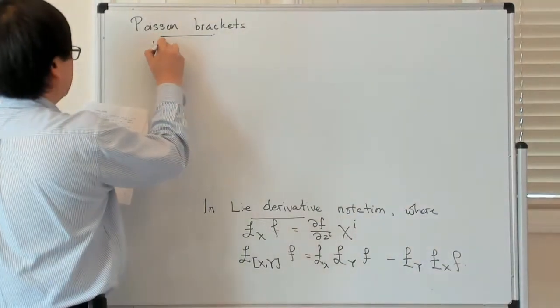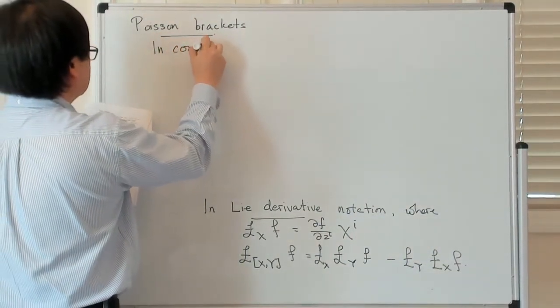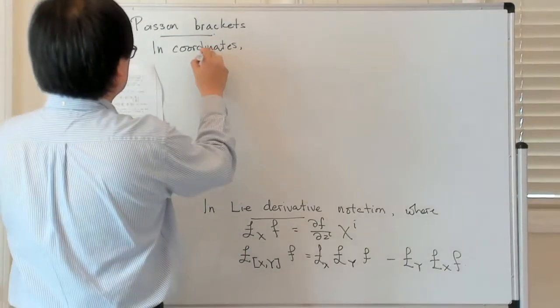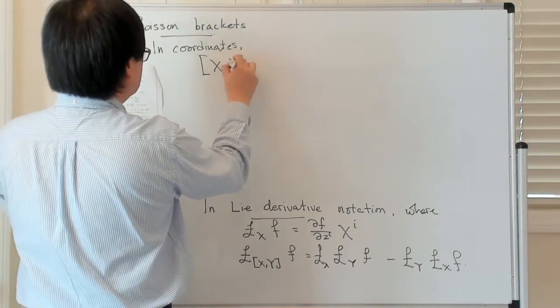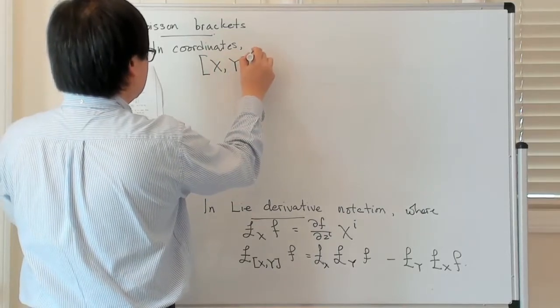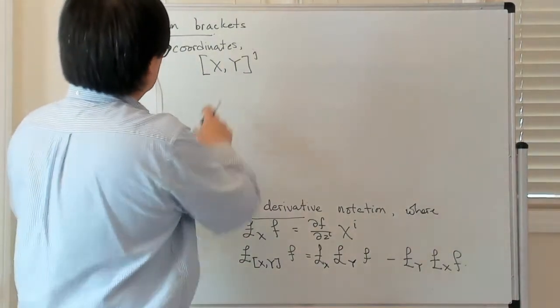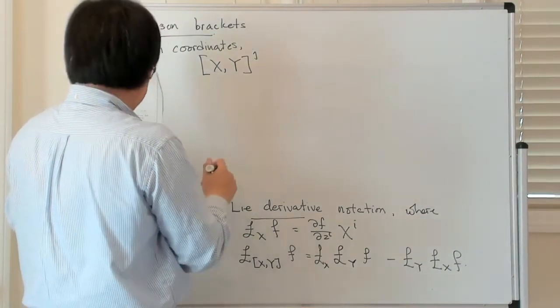So in coordinates, what you get is that the components of this Lie derivative of vectors, so this is again a vector field. The Lie derivative of two vector fields is again a vector field.